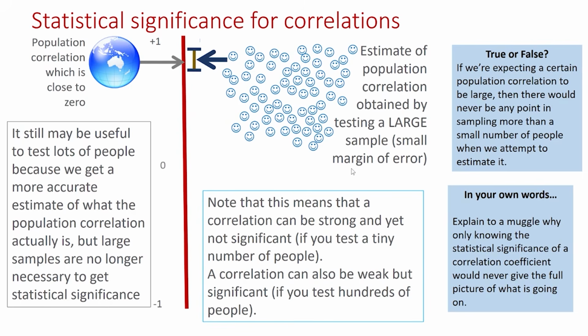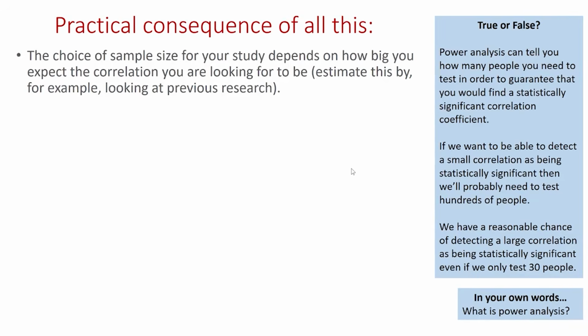Knowing the statistical significance doesn't give you the full picture. We also want to know the correlation coefficient. And for the real, of course, full picture, we want to look at the scatter plot and all that sort of stuff as well.